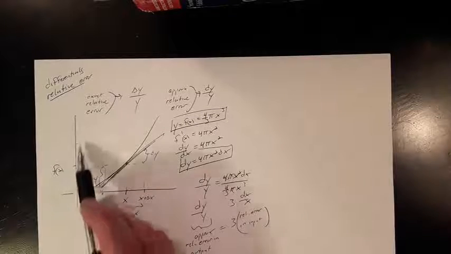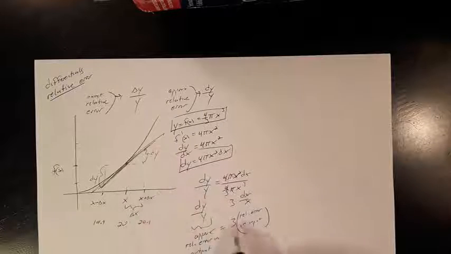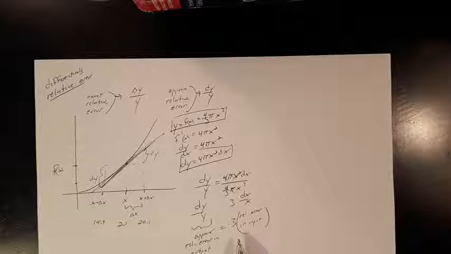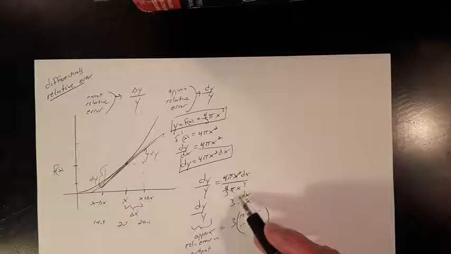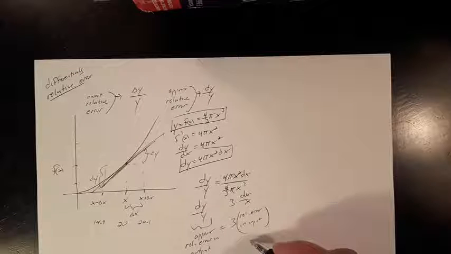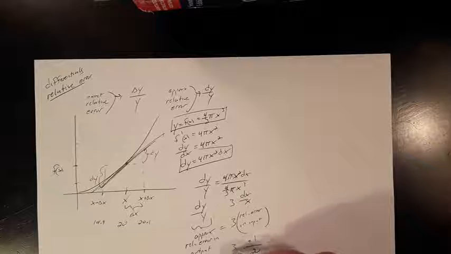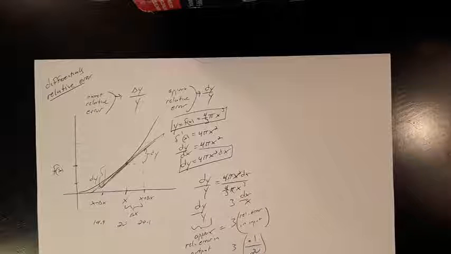Well, that range that it's off is approximately, because we're using dy to substitute for delta y, 3 times the relative error in input. Look at this relative error in input. This is dx, which is 0.1, over x, which is 20. You're taking 3 times that. Well, what is 0.1 over 20? It's 0.005. This is 3 times 0.005.